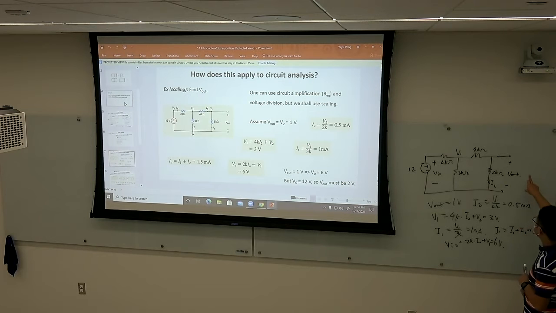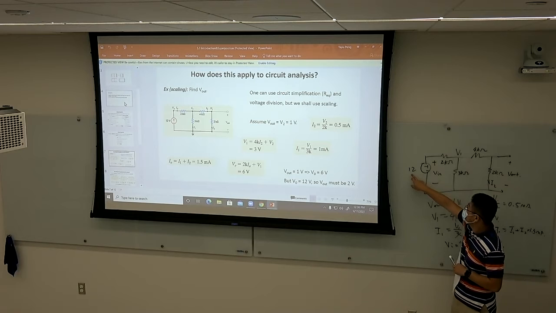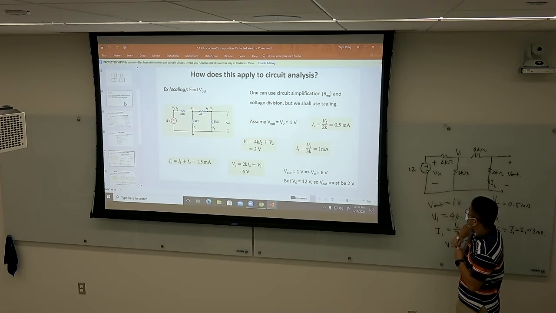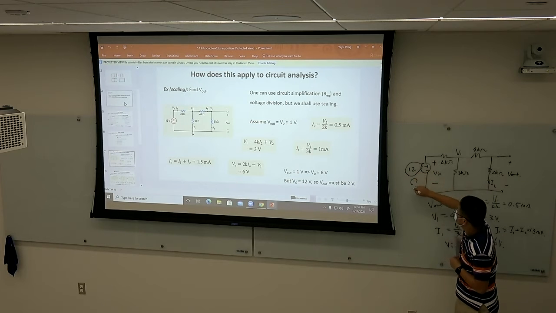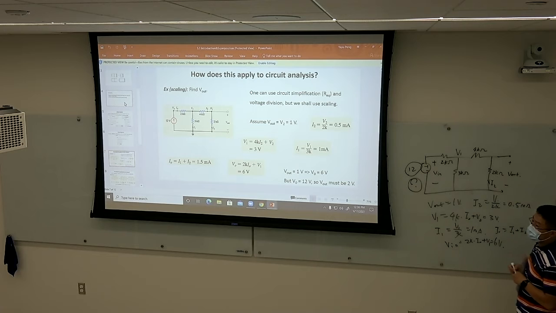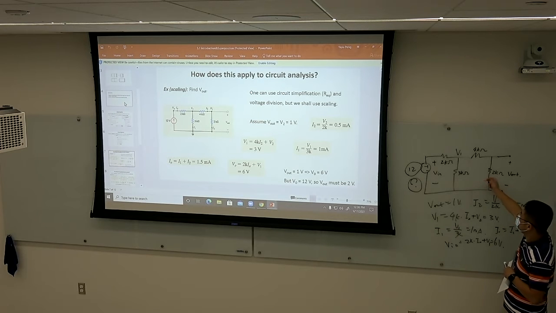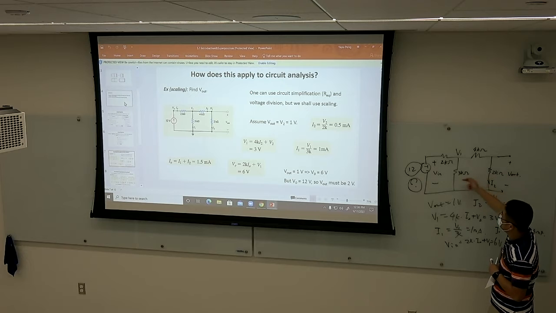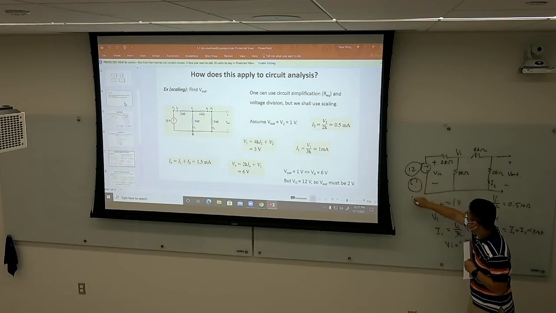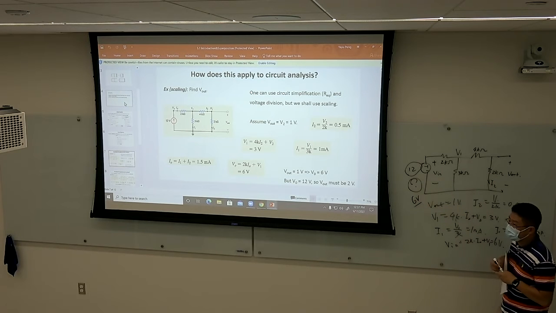First, we assume the output voltage, and here we just assume that this is not a 12 volt, this is unloaded in the reverse direction. We assume this is 1 volt, and by solving this circuit in the reverse direction, we get 6 volts for the input voltage.